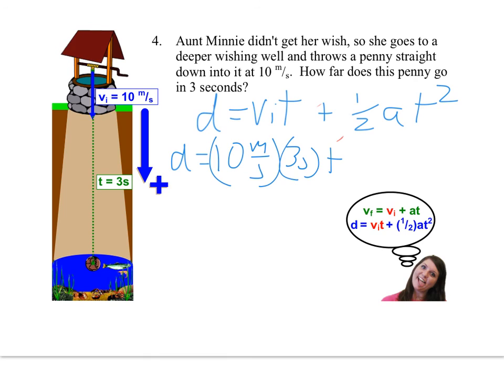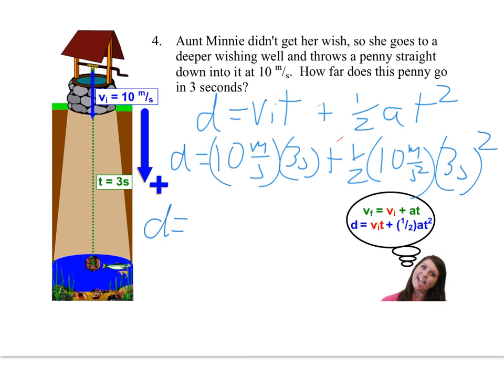To this, I'm going to add 1/2 times the acceleration of gravity, 10 meters per second squared. And one more time, there's that positive arrow, so anything down is positive. So in this case, gravity is the positive value, times 3 seconds squared.